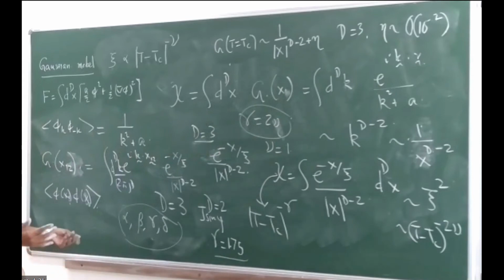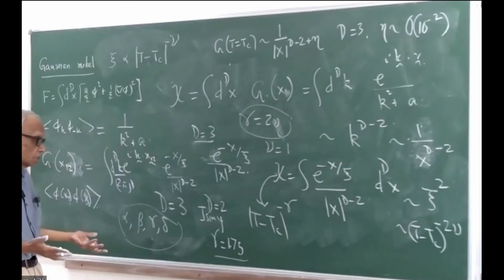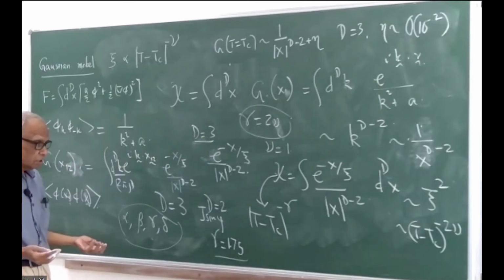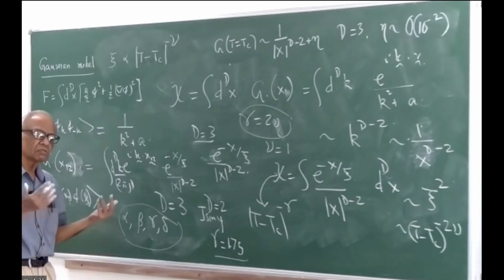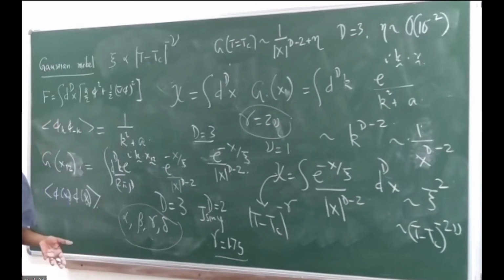And then eta in d equal to 2 is 1/4. But experiments showed that in d equal to 3, for a long time people believed that everything is fine, and the standard d minus 2 is great.